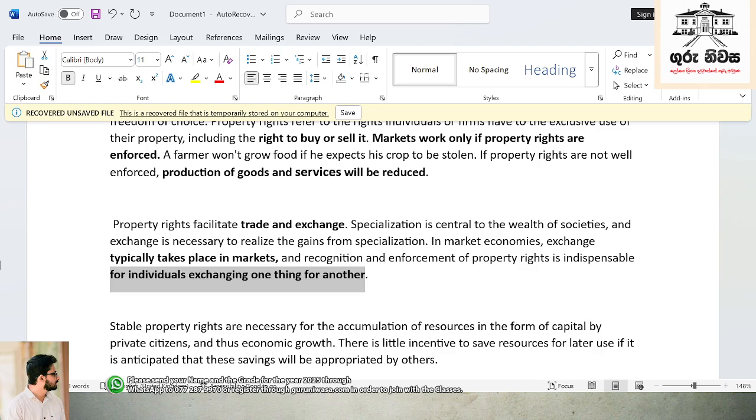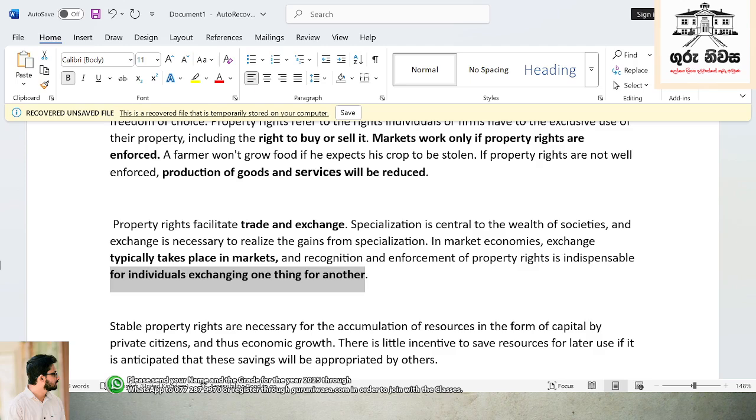You should have that confidence in a free-market economic system. If not, you would never buy something from someone else. This is an unavoidable thing in a market economic system. There should be property rights, otherwise exchange won't happen.